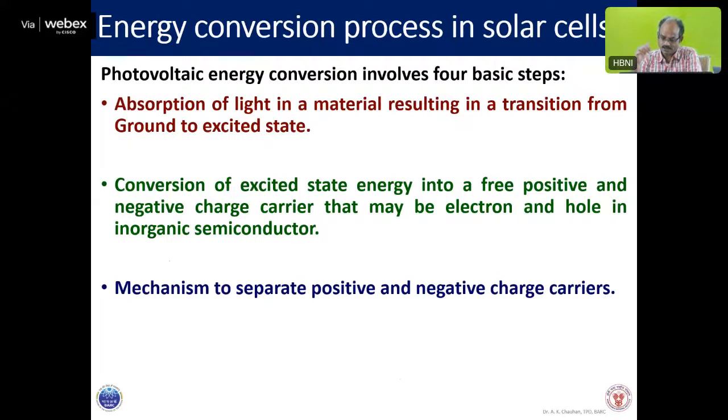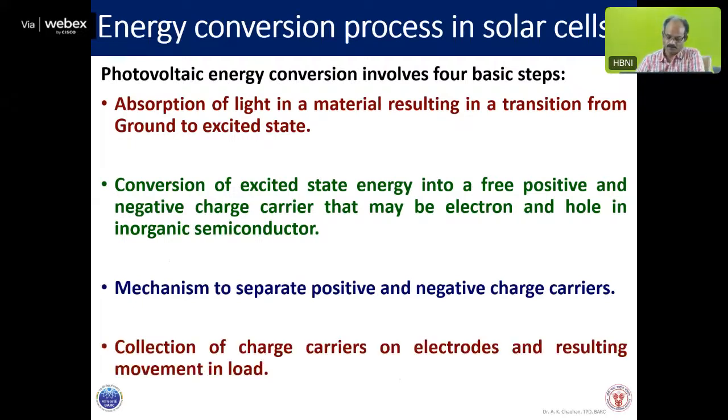Once the electrons and holes are created, they have to be separated into positive and negative charge carriers. And then the fourth step is collection of these charge carriers on electrodes. And once these have been collected on the electrodes, then they will move to the external load.